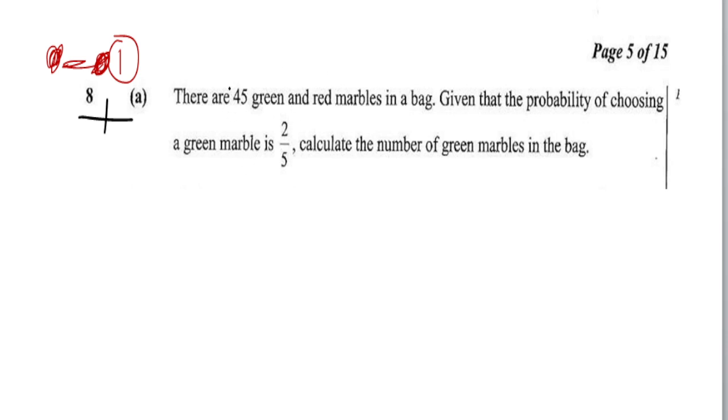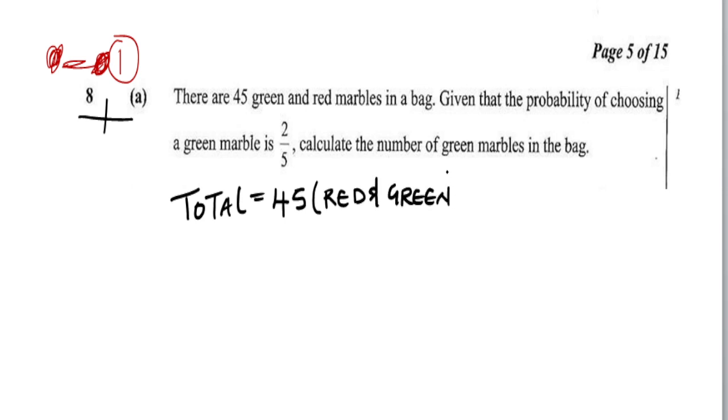The question reads: there are 45 green and red marbles in a bag. Given that the probability of choosing a green marble is 2/5, calculate the number of green marbles in the bag. So here we're told the total number of marbles in the bag is 45, and this 45 consists of both red and green.